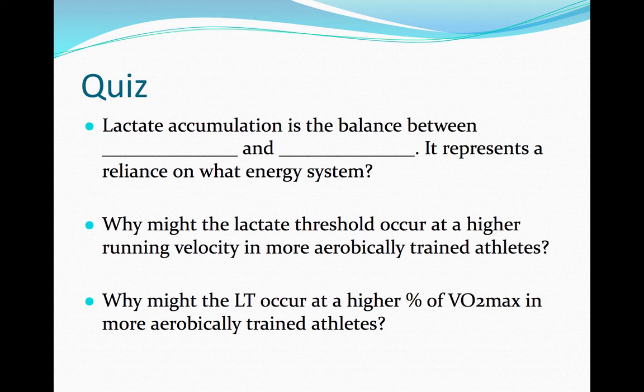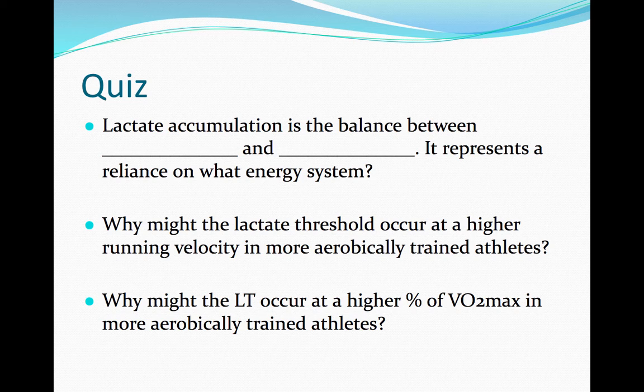Why might the lactate threshold occur at a higher running velocity in more aerobically trained athletes? That's due to the fact that as you are more aerobically trained and you have adaptations that have occurred to the heart and the blood vessels, you're going to be able to sustain a higher running velocity or higher running speed than someone who is not aerobically trained.